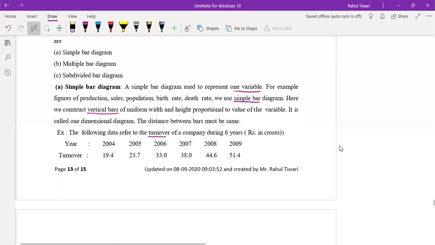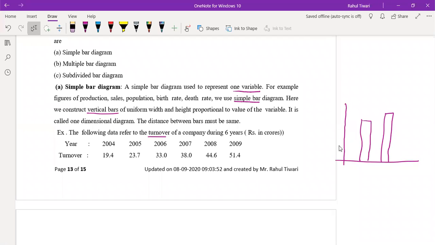If we have data, we must have vertical bars having the same width and height according to the value. So this height may vary. Let's say this is 2004, this is 5, this is 6, and so on.